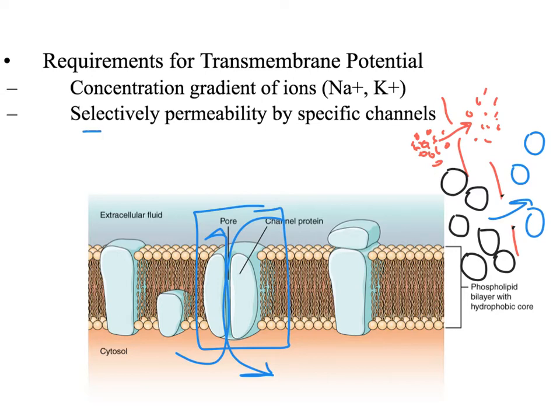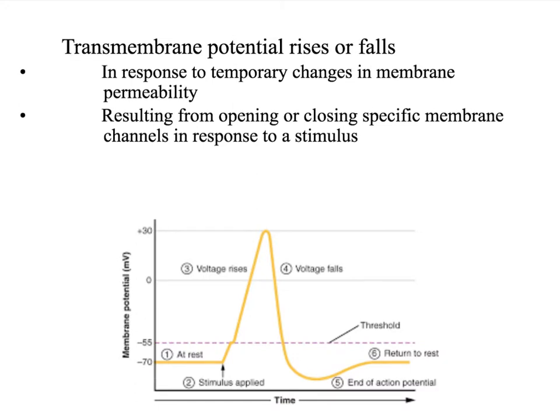There's a term, if you recall from earlier chapters, selective permeability. It means some things are able to pass through freely, some things are regulated. So when there is a change in the permeability, when I use the term permeability, I'm talking about the ability of an ion to move across that membrane. And please remember, when I say ion and electrolyte, those things are interchangeable.